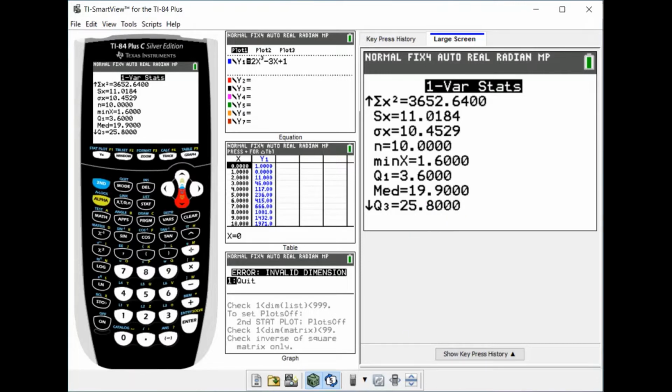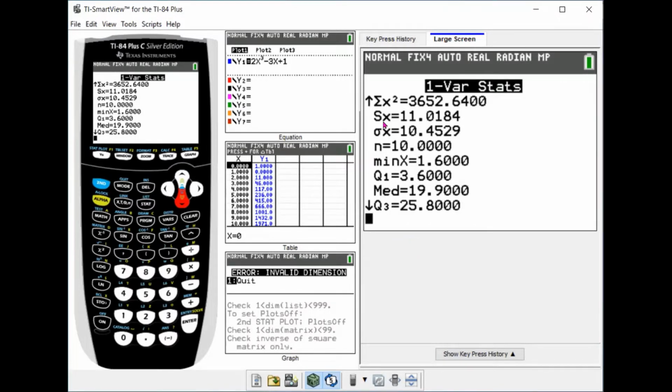That is median. And then the sample standard deviation, you can see there are two standard deviation here. The one denoted by the Greek letter sigma is the population standard deviation, which is 10.4529. Whereas this one denoted by S is the sample standard deviation.